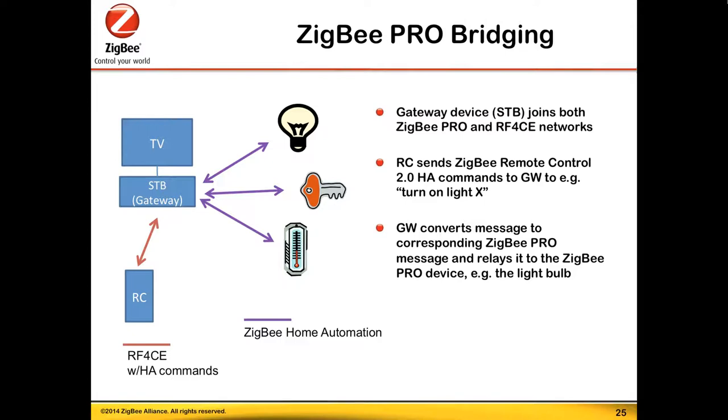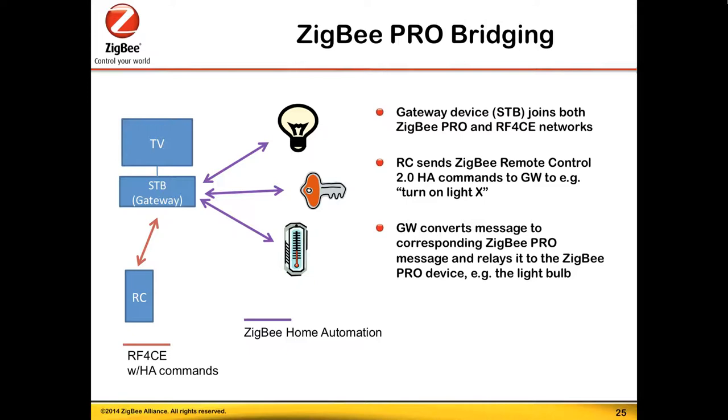So what we've done in ZRP2 is that on the controller, we added some new command message payload that extend all the ZRP2 home automation commands. So things like the security system, lighting control commands, all these commands that were defined for the ZigBee PRO network, we make simplified versions of it that we can send over the RF4CE network.